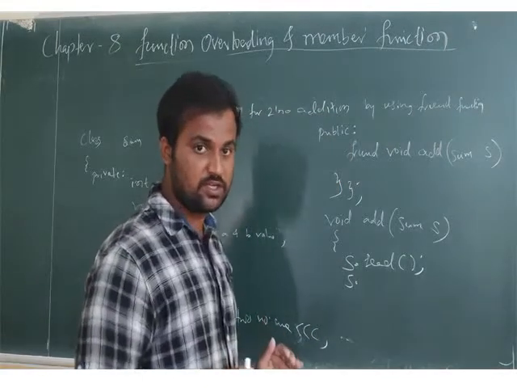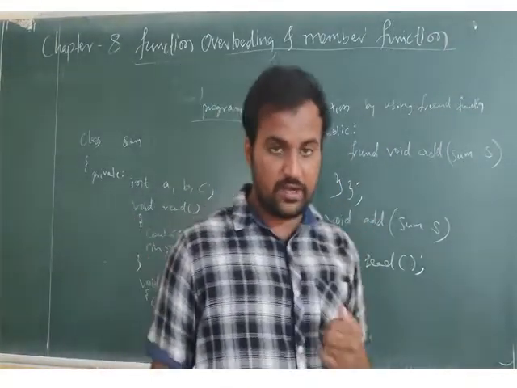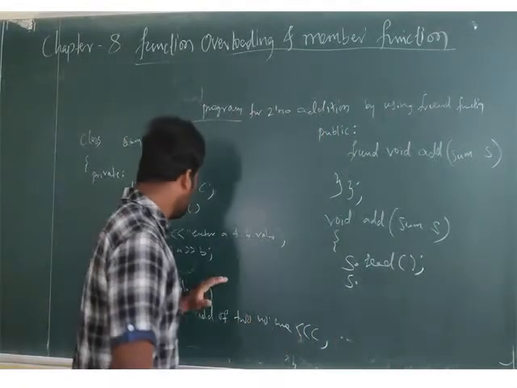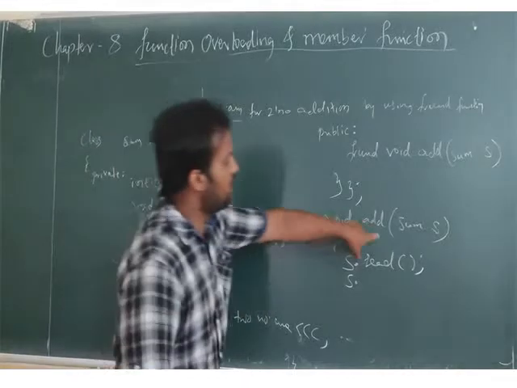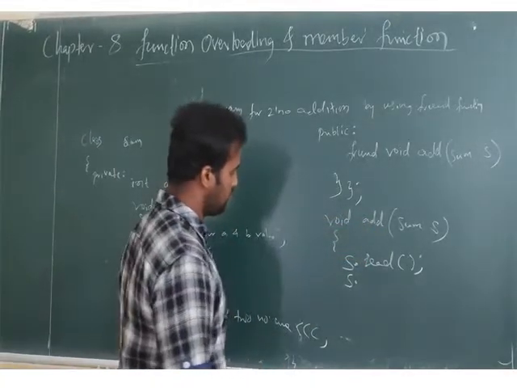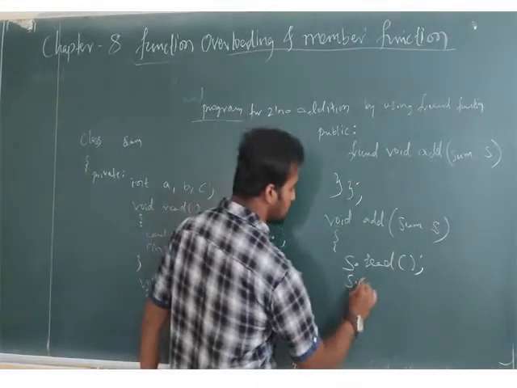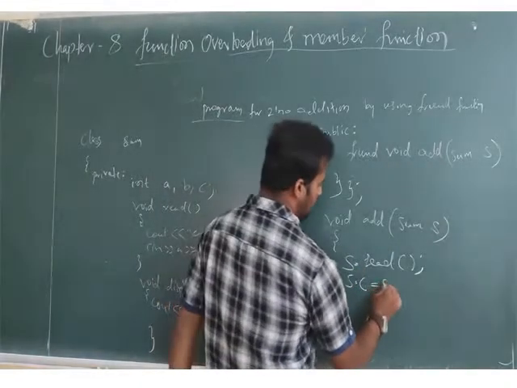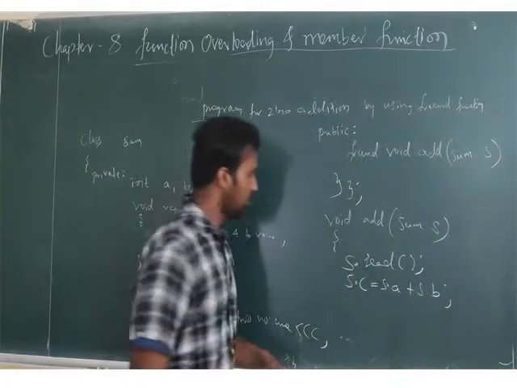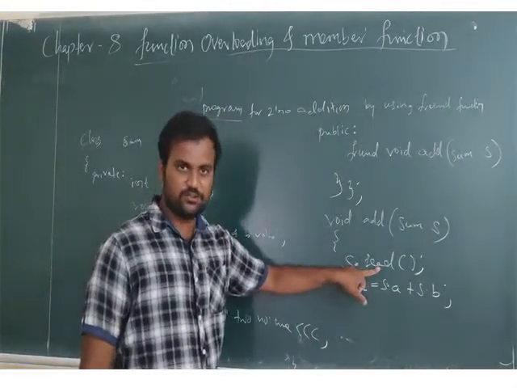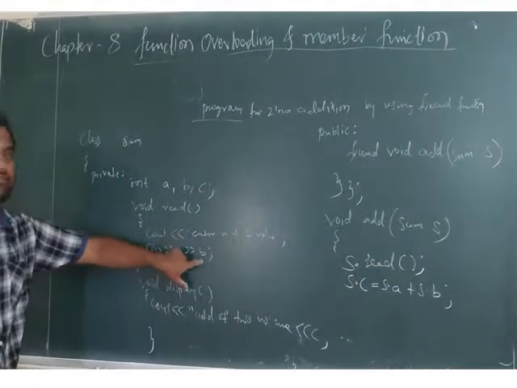Now what happens here is we have to add. We have not done the addition of two numbers; we have just done read and display. Here we are adding. So yes dot C is equal to yes dot A plus yes dot B. After the read function executes, in read we are inputting the A and B values.